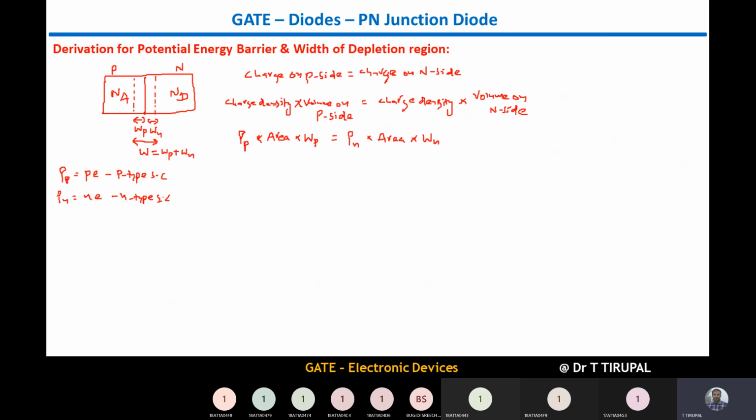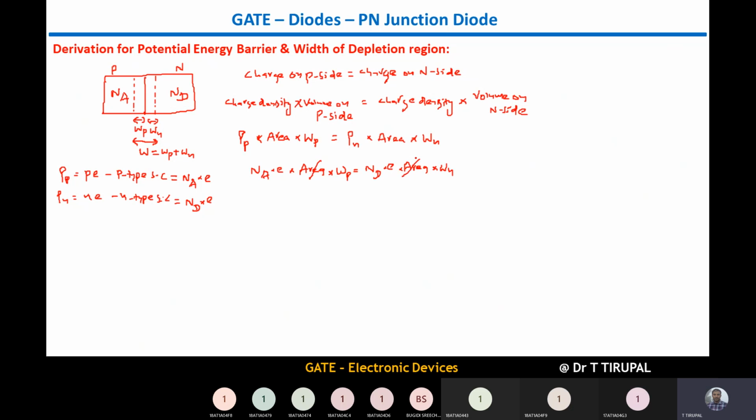This one we have already studied, right? And P is written as acceptor concentration Na, so P e is Na into e. N is the donor concentration Nd, so N e is Nd into e. So rho P is Na into e into area into Wp, which is equal to rho N, Nd into e into area into Wn.